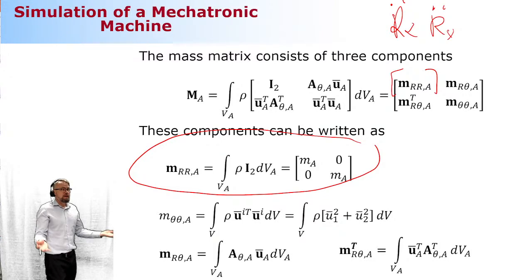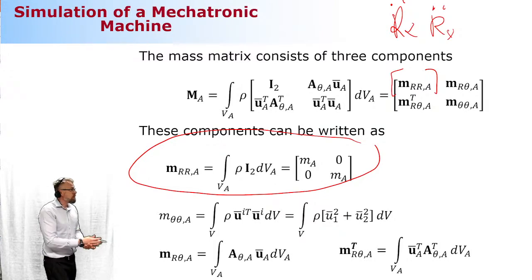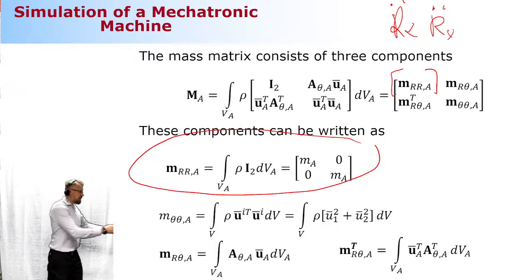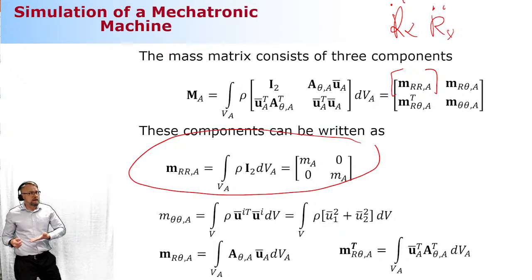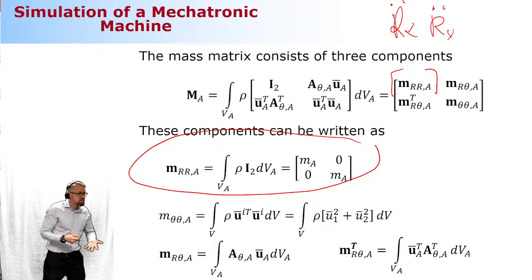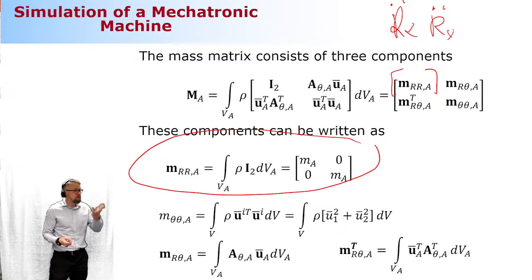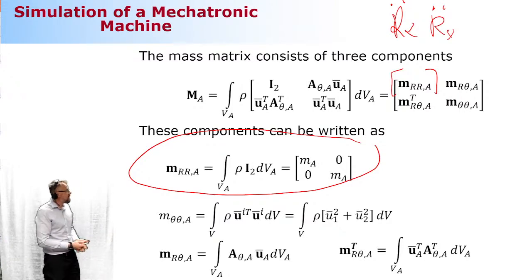Mass, the mass of the body. So it's a 2 by 2 identity matrix where the diagonal components are the mass of the body. Makes sense, because if you have a translational acceleration, the only thing that resists that is mass. It doesn't matter if you go in this direction or that direction, it resists your motion in a similar way. So it must be correct.